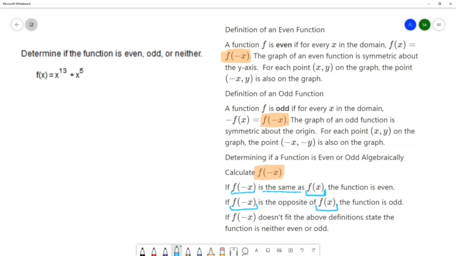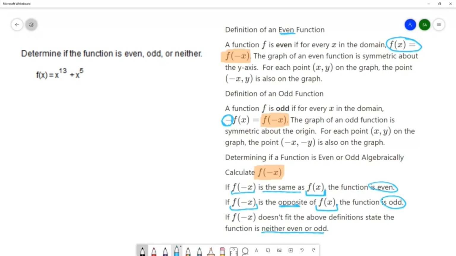If it comes out to be the same, that is fitting the definition of an even function. And if it comes out to be the opposite, see this negative here is the opposite, that's fitting the definition of odd. And if it doesn't fit either of those patterns, then we say neither even nor odd. So that's the process that we're going to go through.